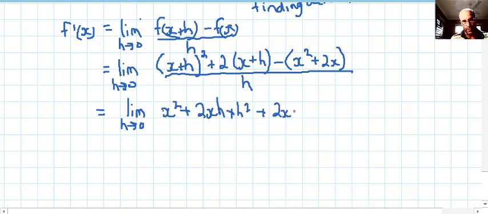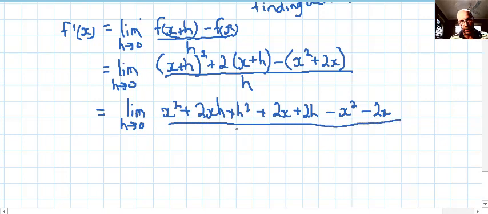Distributive rule in the middle, and it's minus x squared minus 2x all over h, big long vinculum, there we go, and h, and let's see what we've got here. Don't apply the limit till you've fully simplified.